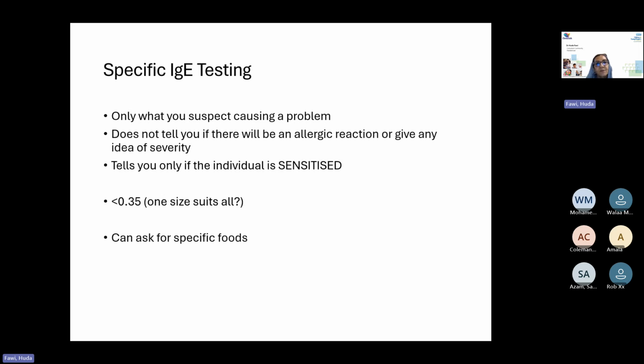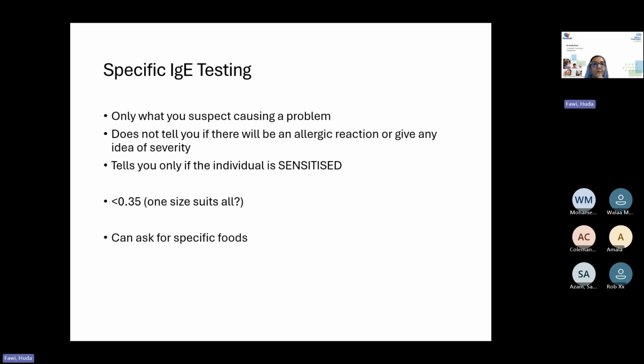With regards to the IgE, they are now readily available. You test only if you suspect what is causing the problem. It tells you if the individual is sensitized, and the result is usually negative if it's less than 0.35.